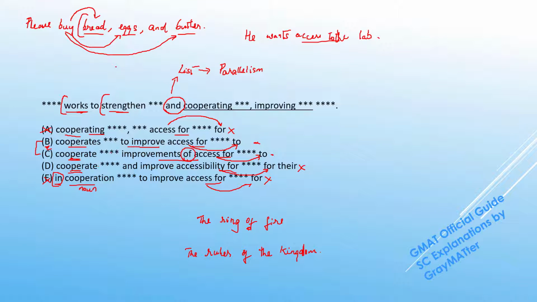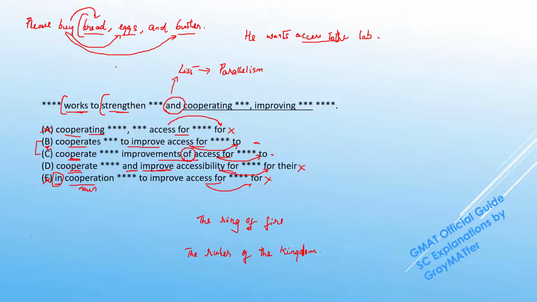So D has a very easy point of attack because we already have an and which is tying these two elements in the list, strengthen and cooperate. But we can see that there is also another and another verb. So this is definitely invalid construction because we cannot put multiple ands in one list itself. This will be just like saying please buy bread and eggs and butter.